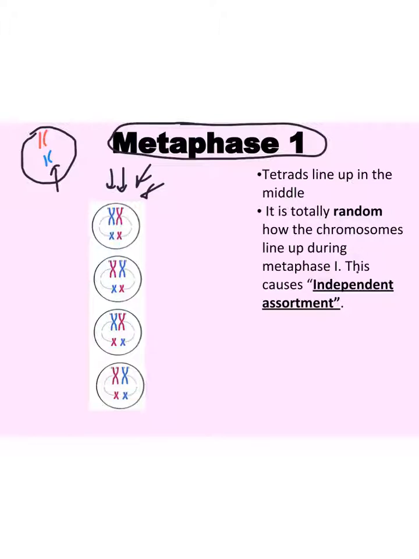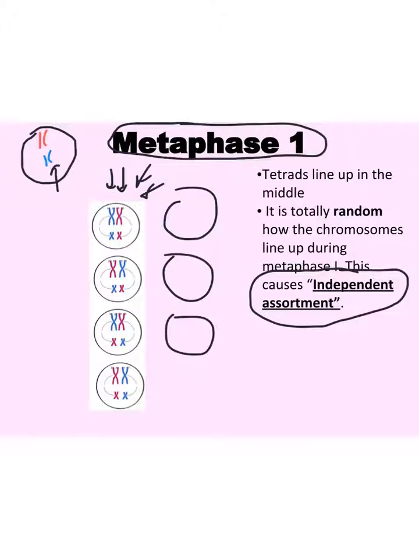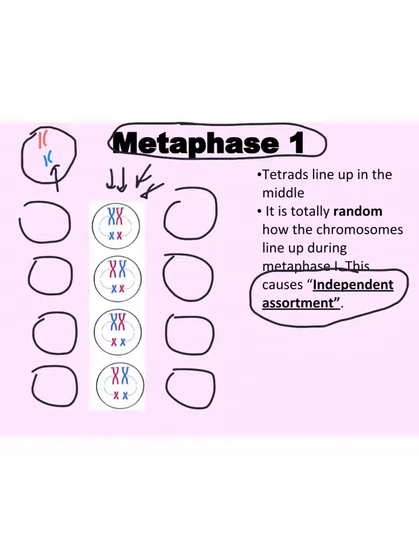Now we're going to talk about this thing that's super important as well. It's called independent assortment. And let's see if I can explain that. So, during Metaphase I, all of the chromosomes line up in the middle, just like metaphase during mitosis, but it is totally random how the chromosomes line up.